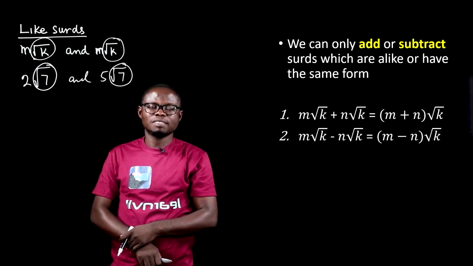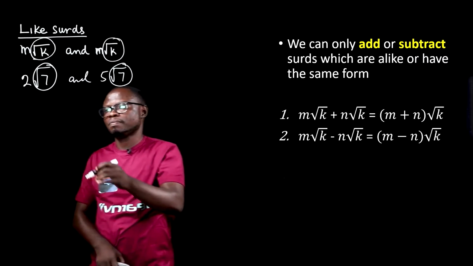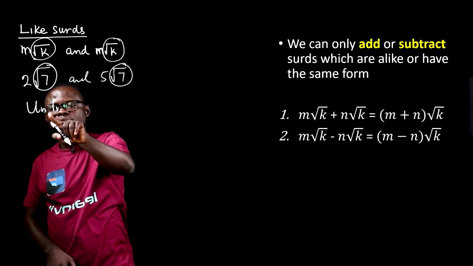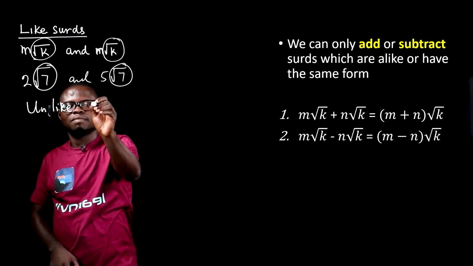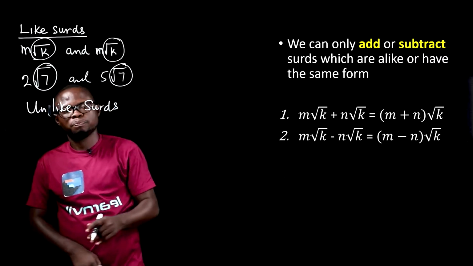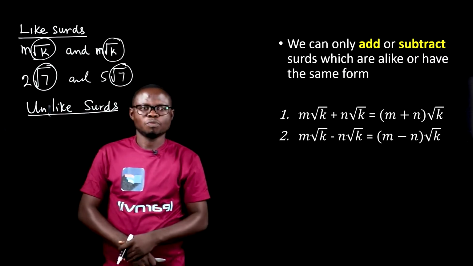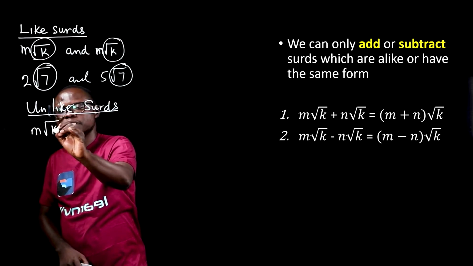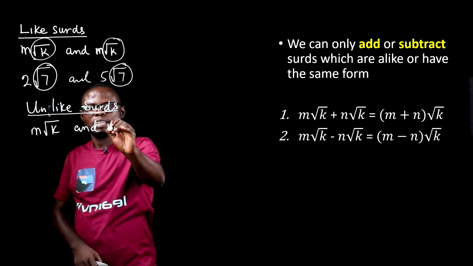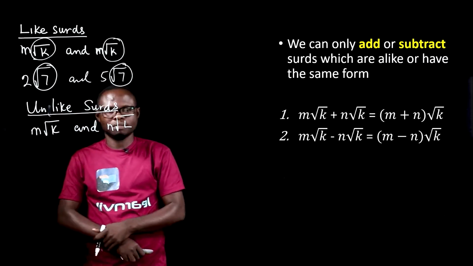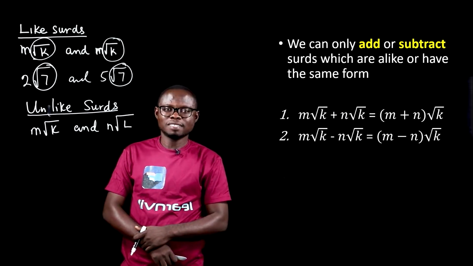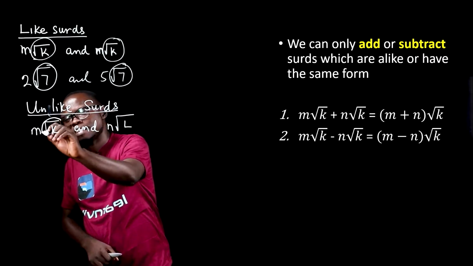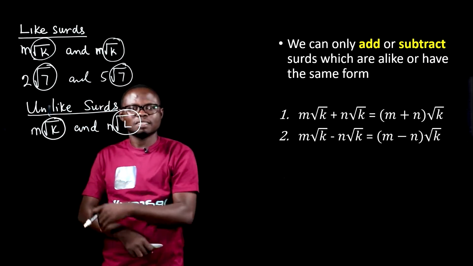Let us look at surds which are not like. On the other hand, m root k and n root l are not like surds. Why? Because their surd parts are different.